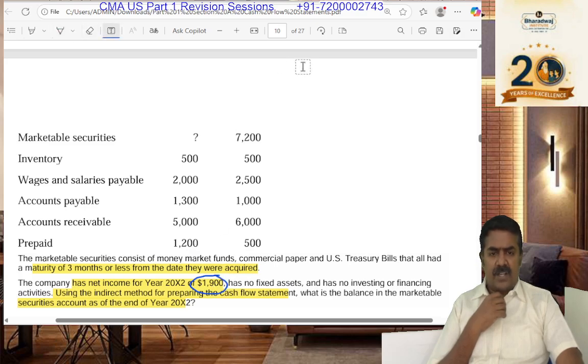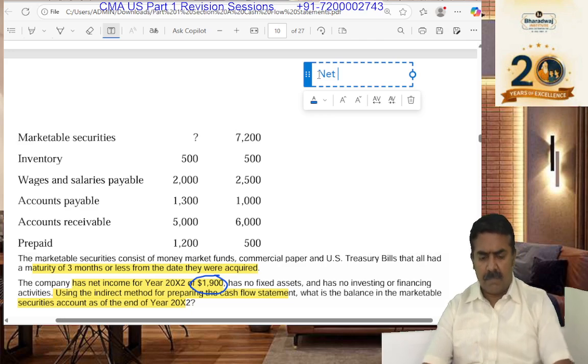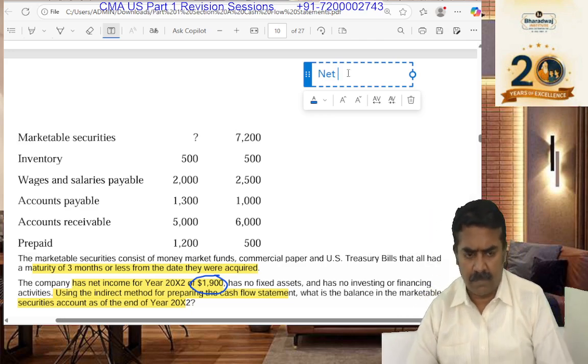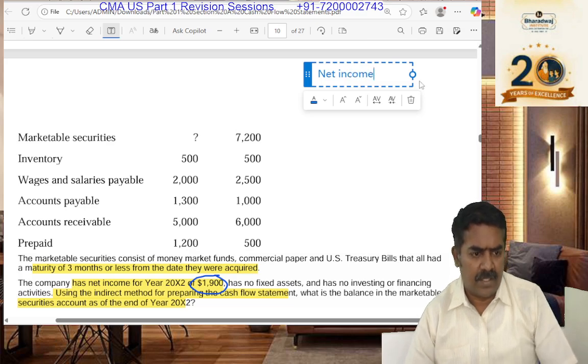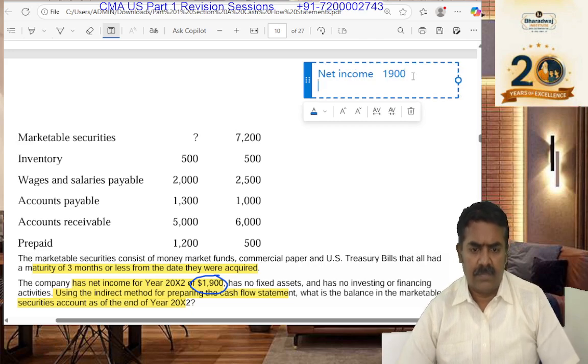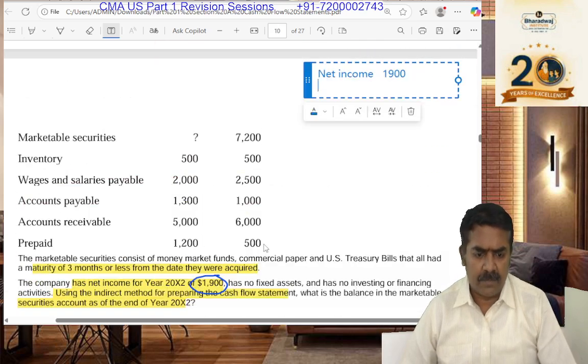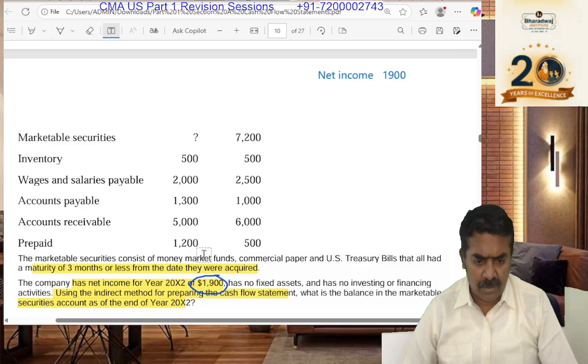With that, let us go for the indirect approach. What is net income? Let us adjust one by one. Prepaid expenses, opening balance to closing balance, increased or decreased? 1,500 to 1,200.